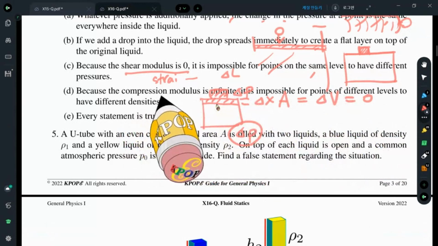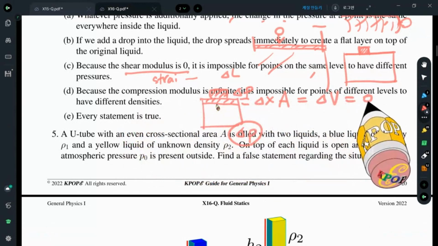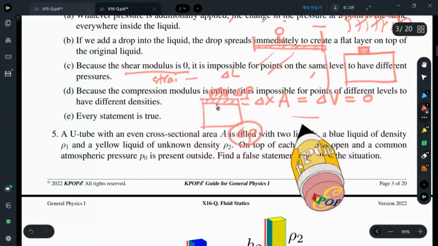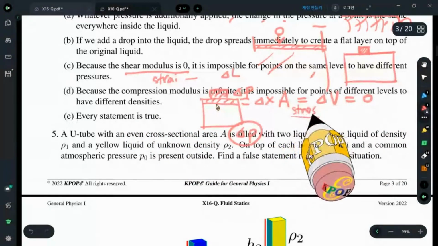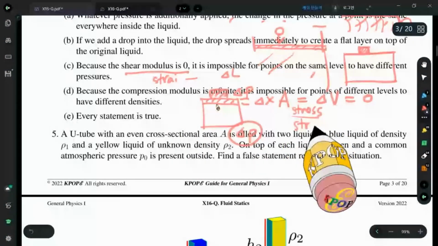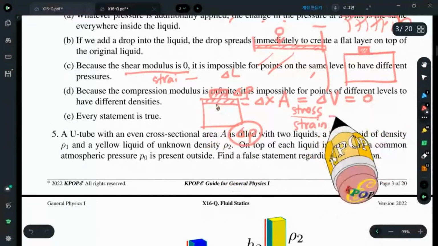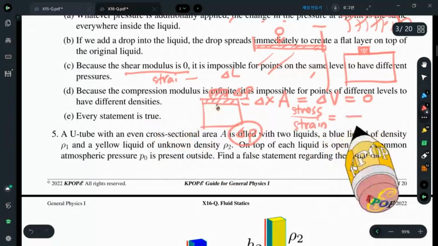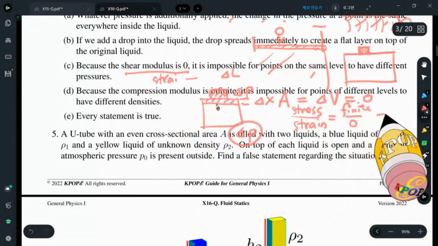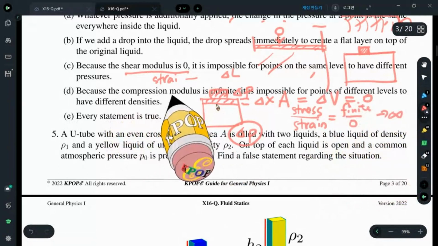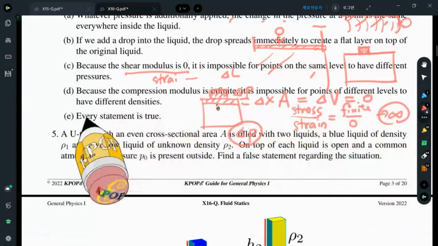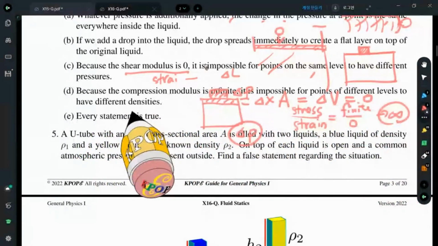Under any compressive stress, there is no strain in compression. So the stress, a finite pressure, divided by the strain, which is 0, is infinite. Because the compression modulus is infinite, it is impossible for points at different levels to have different densities.